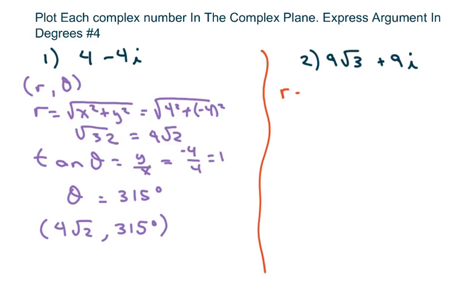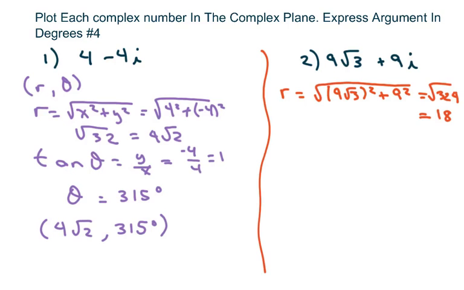I get r equals square root of 9 square root of 3 squared plus 9 squared. And that's going to equal square root of 324, which equals 18.